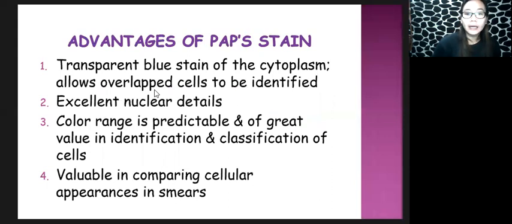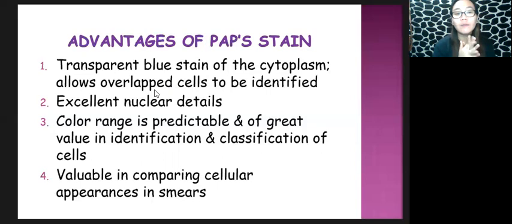Number one, it renders a transparent blue stain of the cytoplasm. That means you are able to see cells even if they are superimposing, on top of one another, because of the transparent blue staining of the cytoplasm. So it allows overlapping cells to be identified.